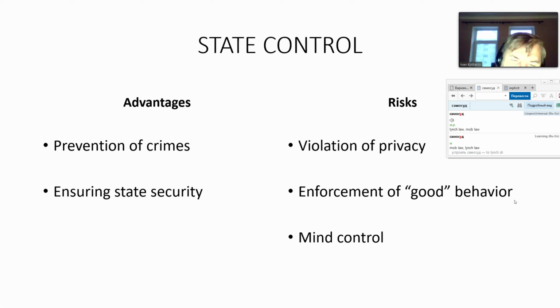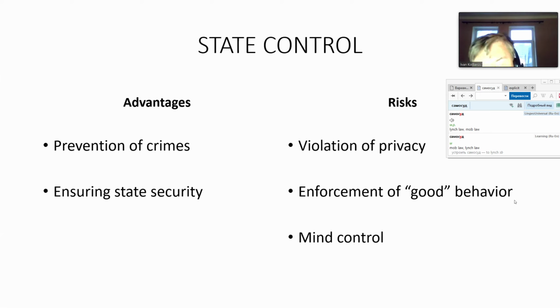Obviously, it is ensuring state security. The difference between crimes and state security is obvious. In case of crimes, we discuss offenses to legal entities, to persons. In case of state security, there is the problem of harm to the state itself. It's about terrorist attacks, etc. So, indeed, it is important to use state control to prevent crimes and to prevent infringements of state security.